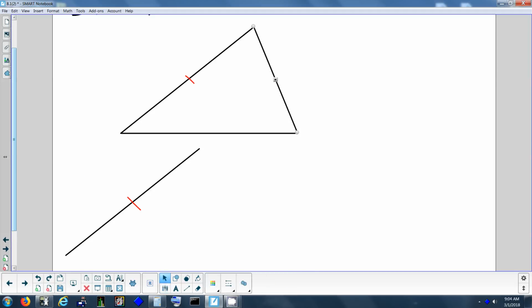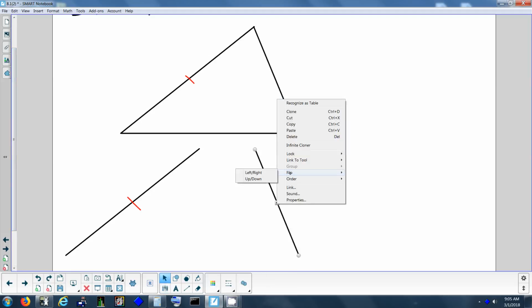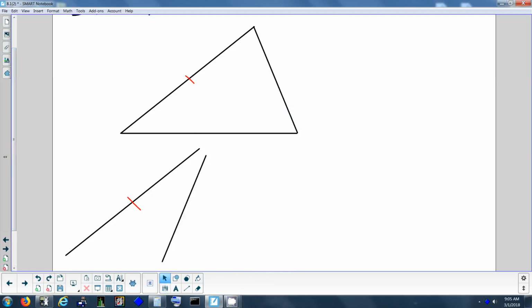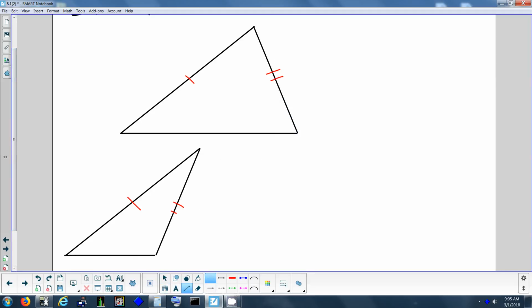There are different ways to do this, but I'm going to take this side, make a copy of it, and flip it. And I'm going to put it right there. Does everybody still agree that that side and that side are the same length? All I did was a mirror image, so that doesn't change the length. Okay, and for the third side, I'm going to connect the bottom.